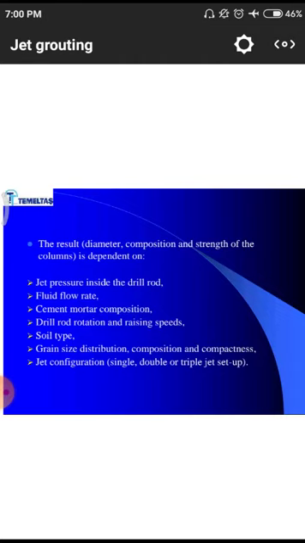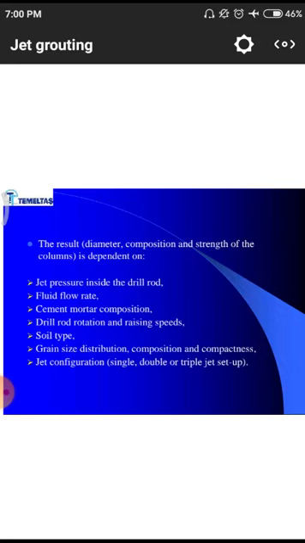The result on the strength of the columns depends upon jet pressure inside the drill rod, fluid flow rate, cement mortar composition, drill rod rotation and rising speeds, soil types, grain size distribution, composition and compactness. And the final one is the jet configuration, like a single, double or triple jet setup.